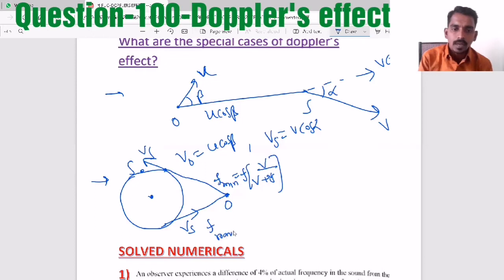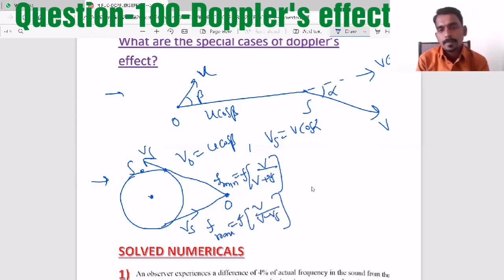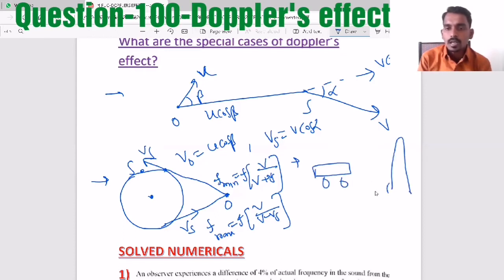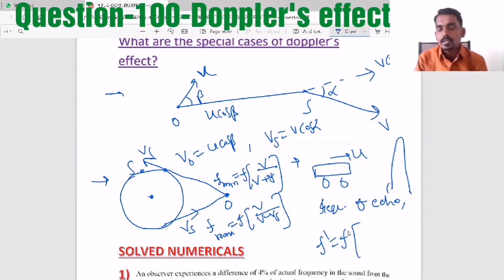In this case F is maximum, that is F into V by V minus Vs. Like that they will ask questions. Or else sometimes they will give one vehicle approaching a big wall or hill with a speed u, and they will ask the frequency of the echo, which is the apparent frequency received by the driver itself.